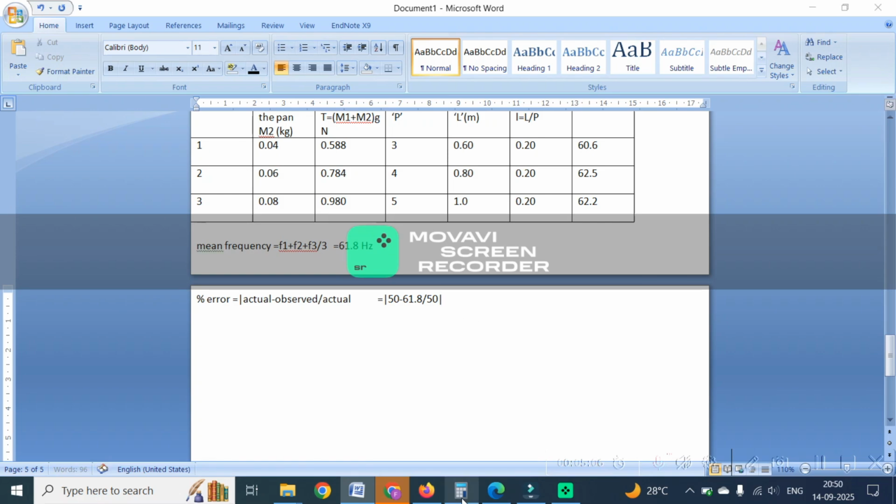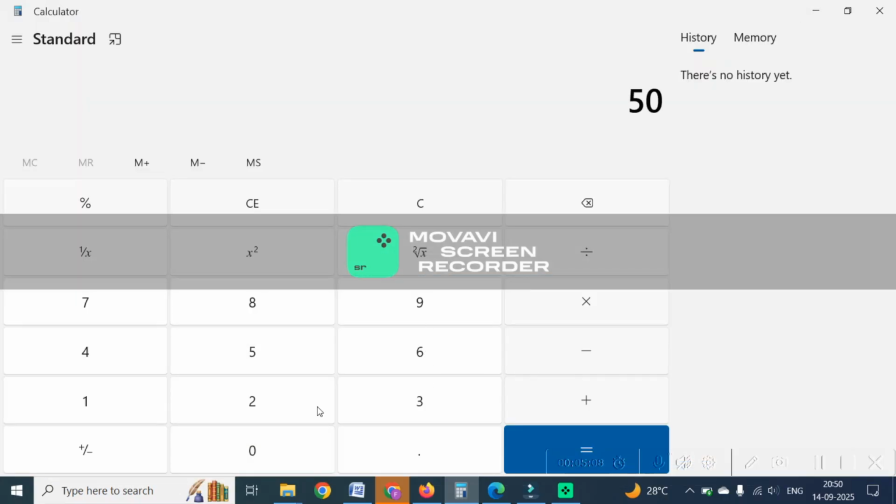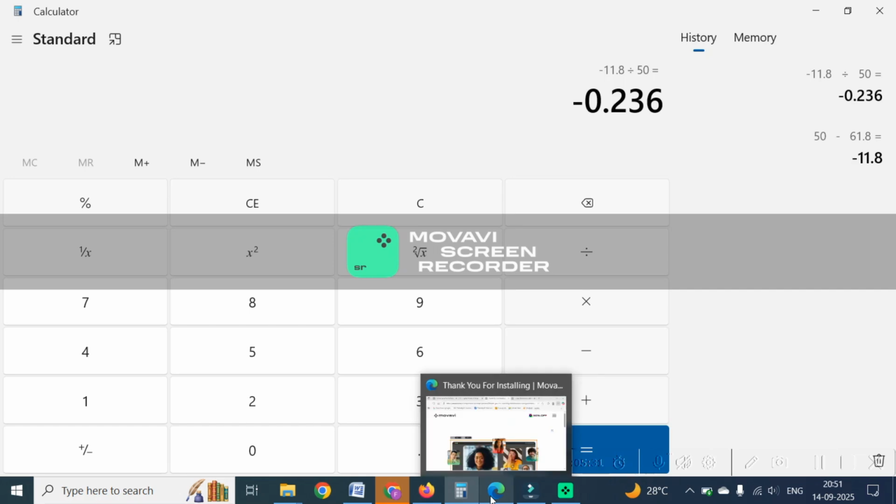So let me calculate here: 50 minus 61.8, divided by 50 hertz, is 0.236, which is very less, 0.23.